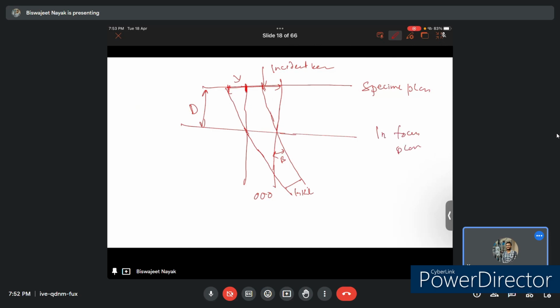If the lens is not focused on the SAD plane, images associated with the different G vectors will be shifted with respect to one another. So here D is the defocus, and the shift in the selected area is given by y, which equals D times beta.